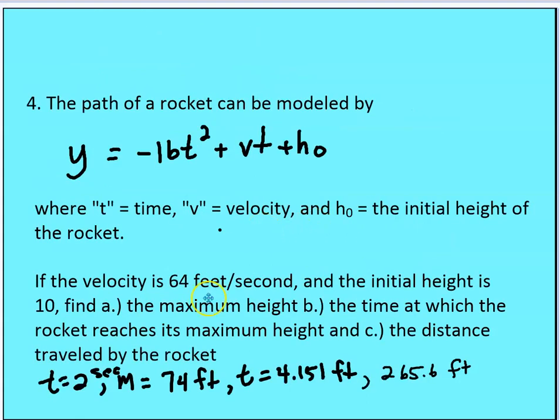All right, so this brings us to the end. So you can see time here is 2 seconds for the maximum height of 74, and time for the total distance 4.154, which we multiply by 64 feet per second.